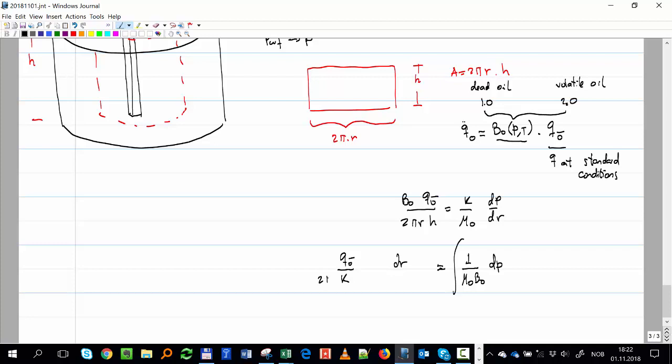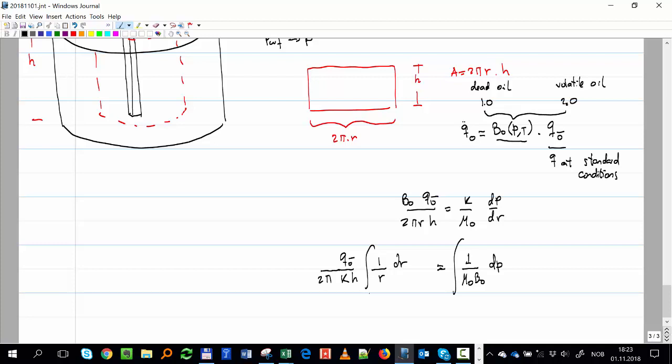This pi is a constant, and then we have the integral of h is also a constant, and here we have just r. Yes? I think so. Qo 2 pi hk, I think is correct. Okay?